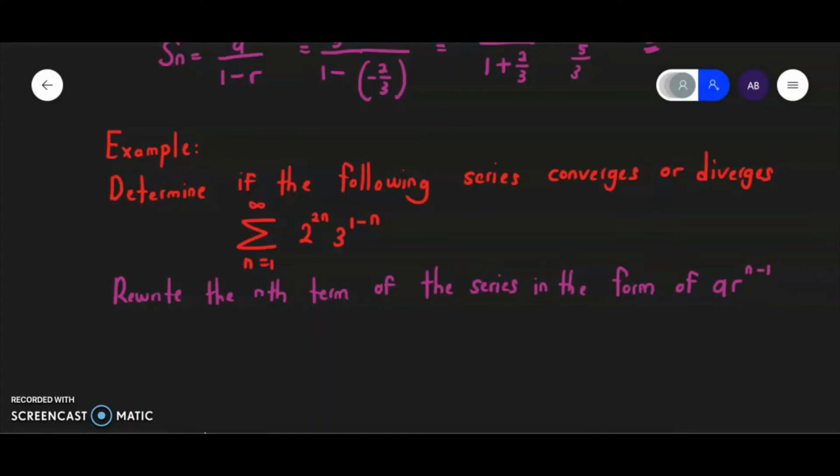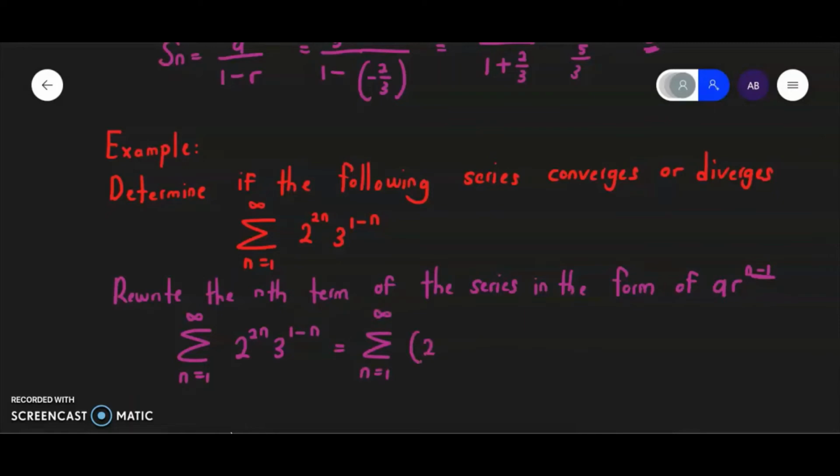Now once this is a geometric series, I can determine whether it's convergent or divergent based on my r. Right? Okay, let's play around with this series here. So n equals 1 to infinity, 2 to the power of 2n, 3 to the power of 1 minus n. Now I want to write it as n minus 1. That's my goal here. So let's change the notation here.